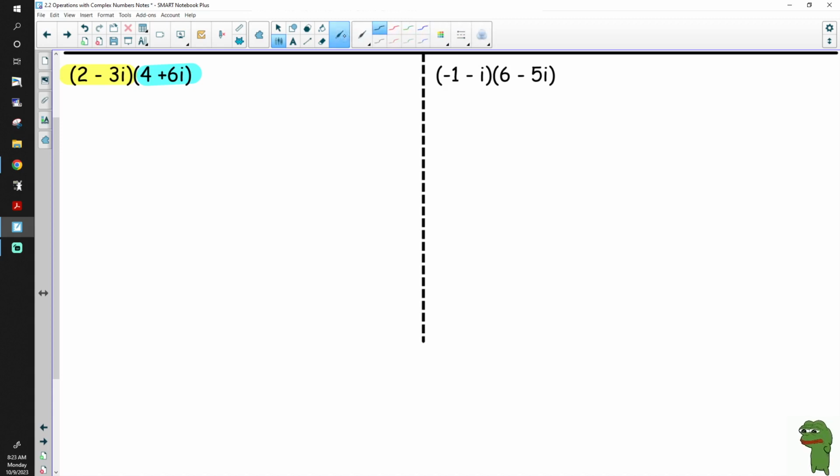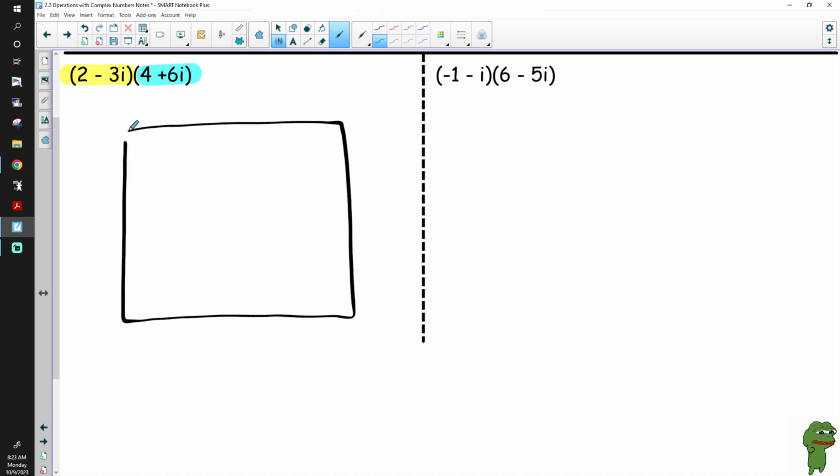So our first complex number has two things, and our second complex number has two things. So we are going to draw a 2 by 2 box. A 2 by 2 big old box. Now, it does not matter if you put the first complex number on the top or the side.